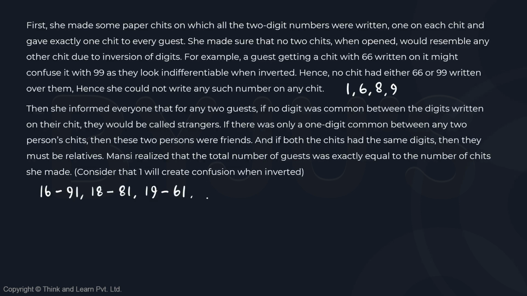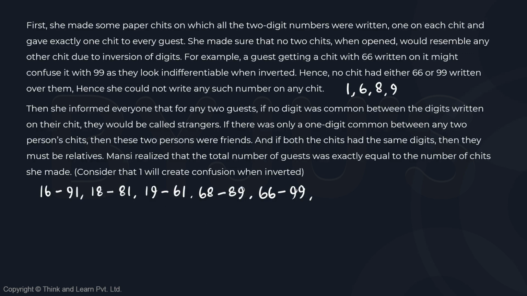61 is already included. Next we can have 68. 68 when inverted looks like 89. Then we can write 69, but 69 when inverted looks like 69 itself. We can't write 66 because it looks like 99. Okay, so we are done with the 60s. Now let's start with 80s.